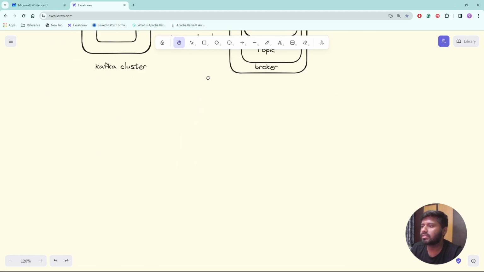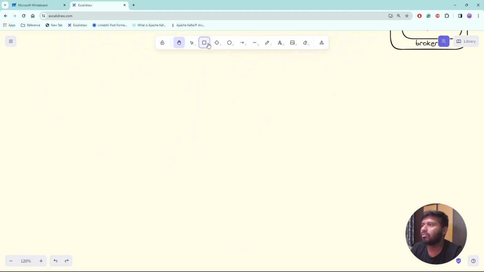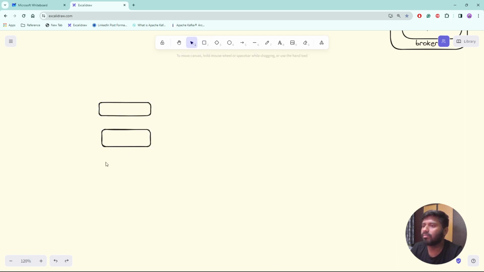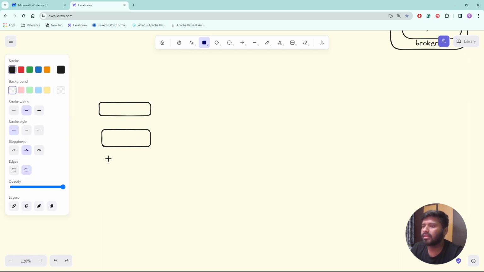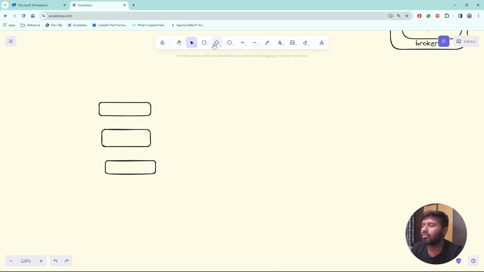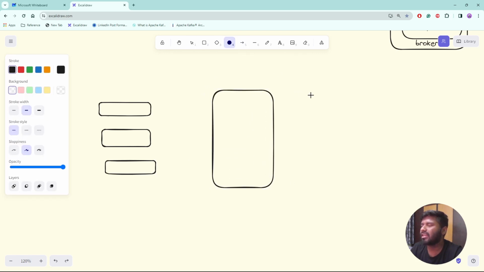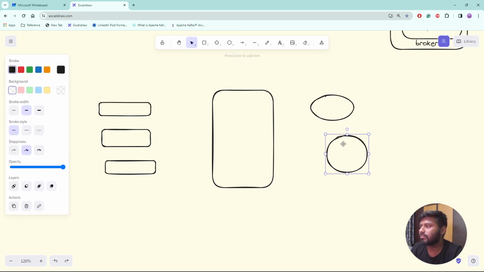If I just draw one more quick diagram over here, let's say this is my producer, and this is my another producer. So, folks, we can have multiple producers as well. In between we have a Kafka cluster, and maybe multiple consumers, right?